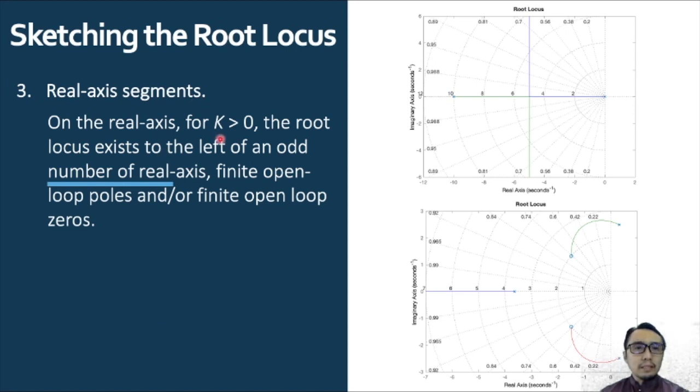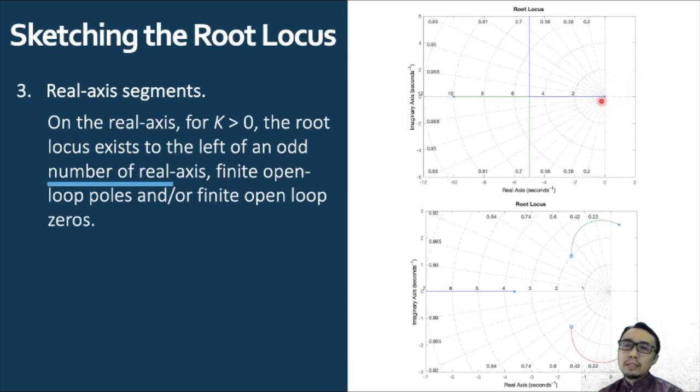And on the real axis, for k larger than 0, the root locus exists to the left of an odd number of real axis finite open loop poles and/or finite open loop zeros. So after you have plotted the poles and of course zeros, you will see in the real axis that the existence of the locus or the branch should be on the left of an odd number of real axis poles.